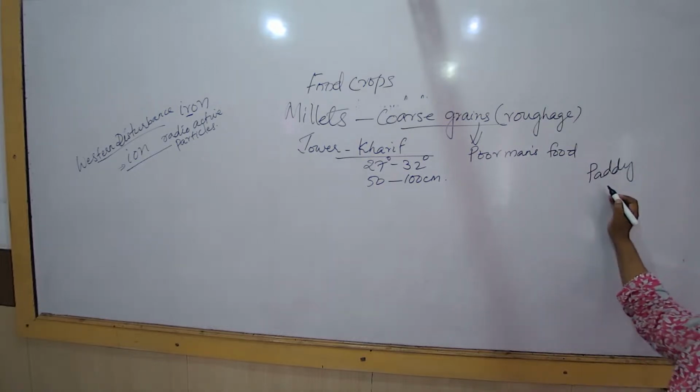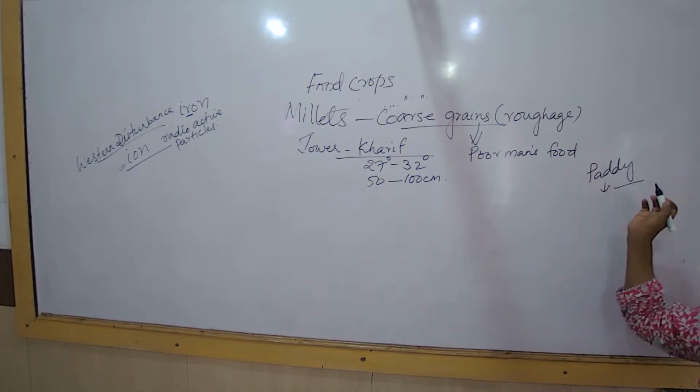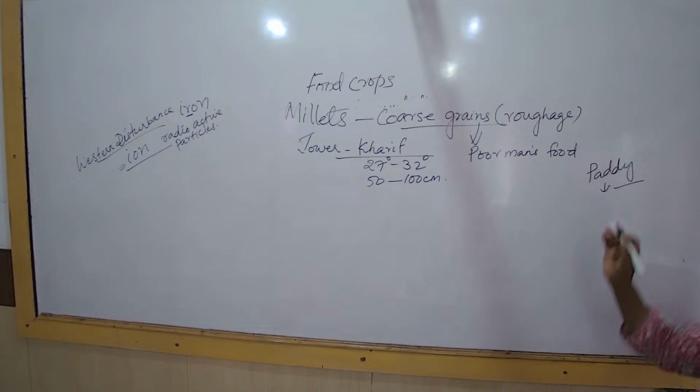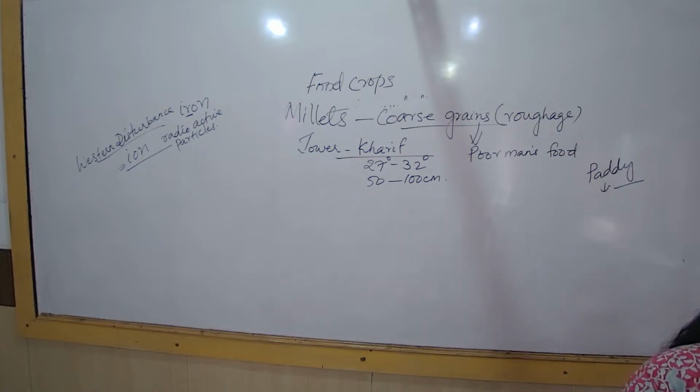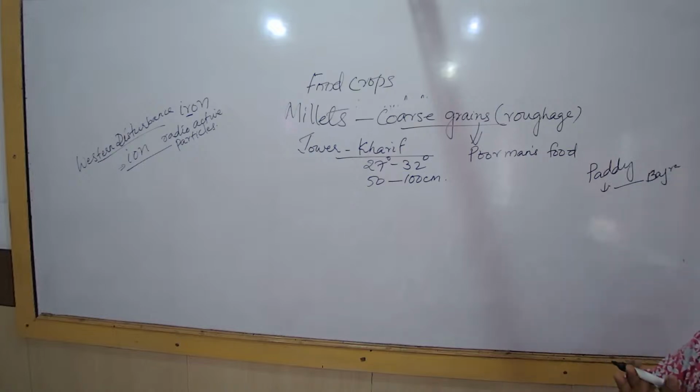Paddy is grown in one season, and in between, after harvesting and before the next crop period starts, that bajra can be grown. Understood? That is what intercrop means, between one crop and the other.